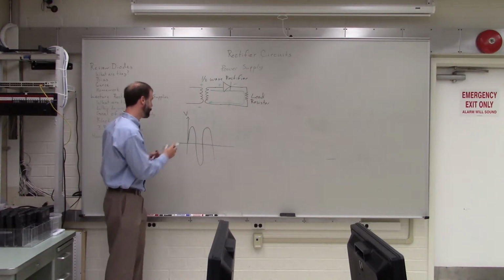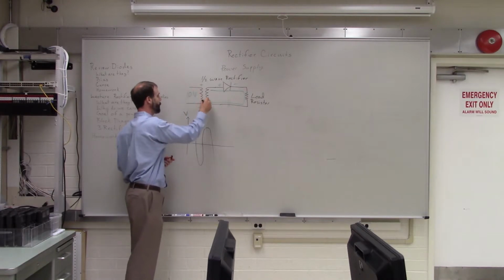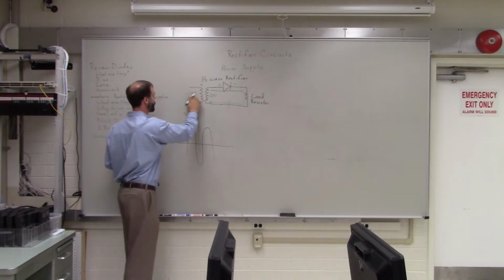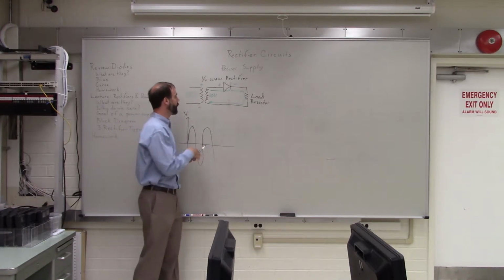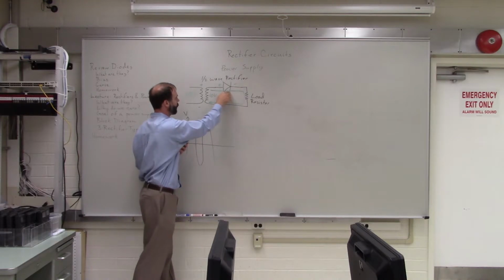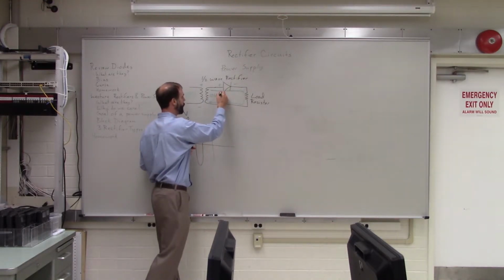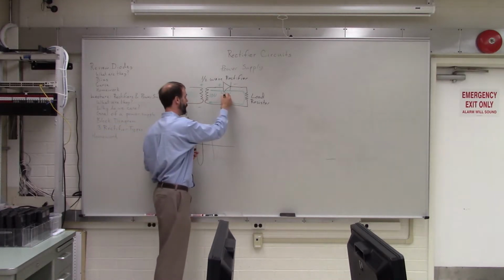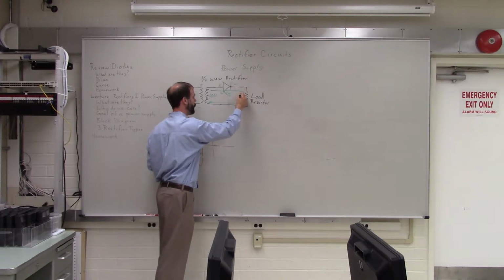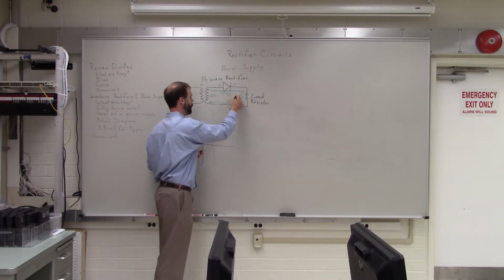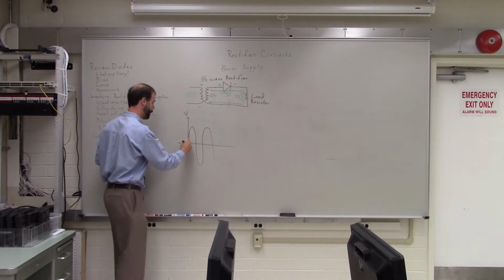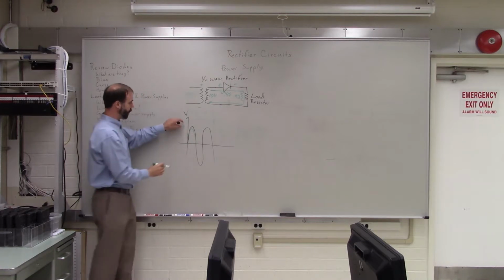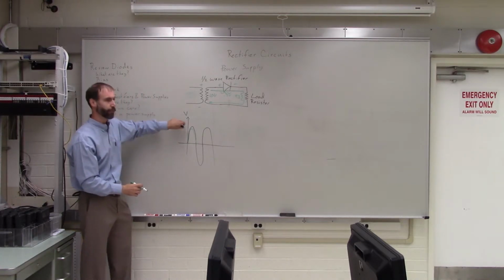Now let's say that we had 10 volts on our input here, 10 volts there. This voltage is going to go, and the current is going to flow through one diode. So how much voltage is it going to lose across that diode? 0.7. 0.7 volts, perfect. So how much is going to be left across the resistor? 9.3. 9.3, exactly. So our output voltage would look something like this. It goes up, it doesn't go quite as high as the input. There's that 0.7 volt difference there.